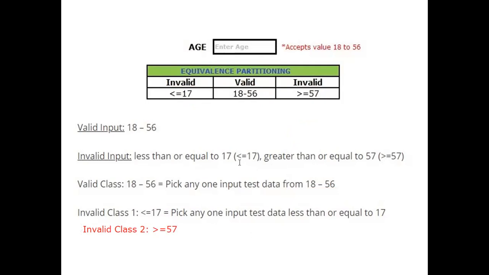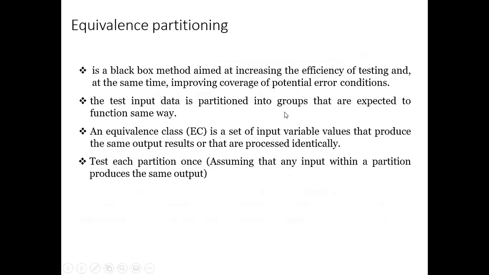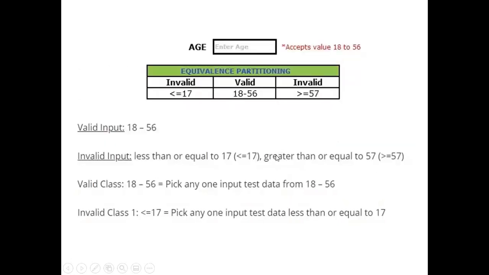Here, as I mentioned earlier, the values within a particular partition or a range give us the same output or the same result, right? Here we talk that input data is partitioned into groups that are expected to function the same way, or here it says an equivalence class is a set of input variable values that produce the same output results or that are processed identically.